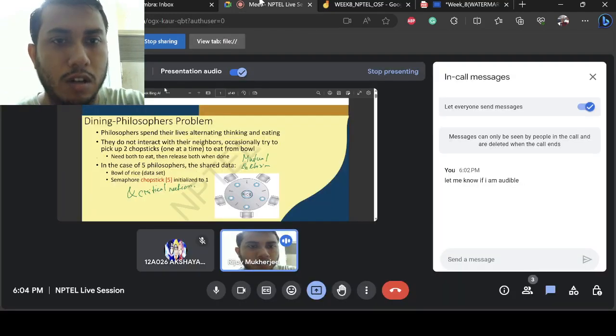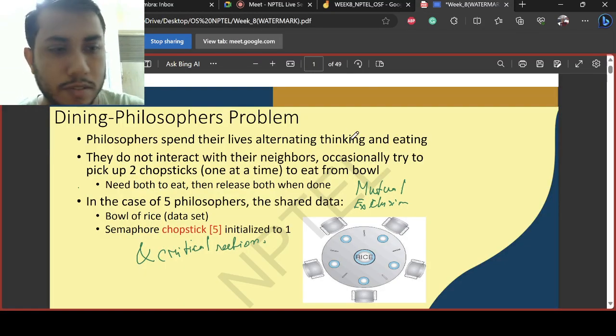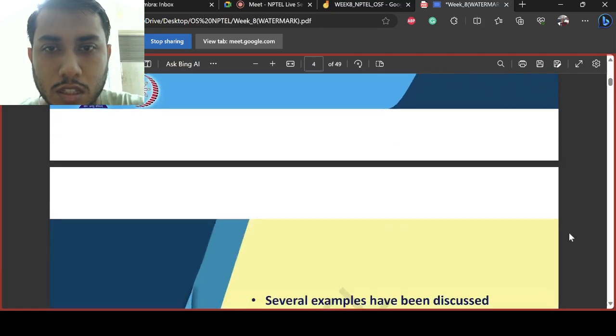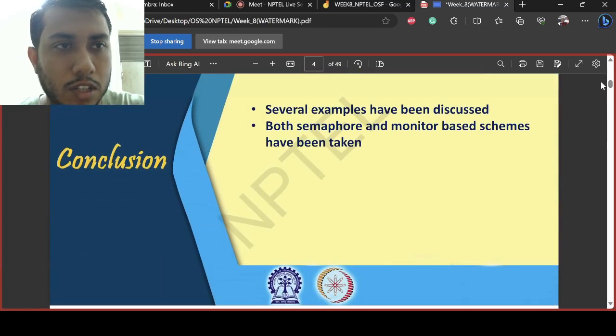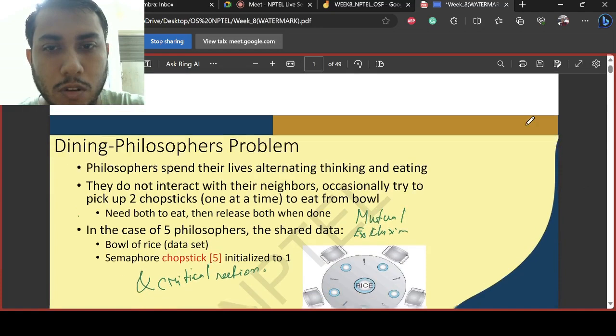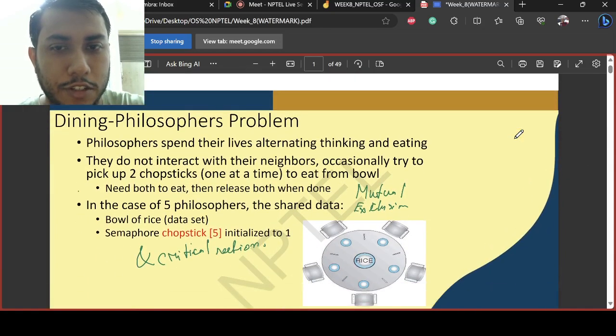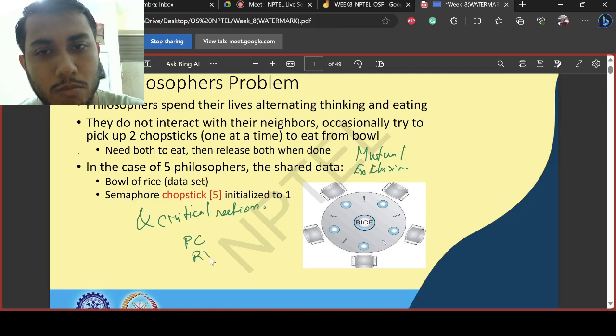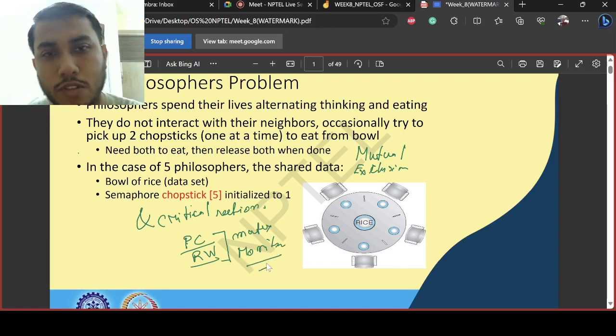We discussed that any synchronization problem should have these conditions satisfied, like mutual exclusion, critical section, etc. We went through topics like the producer consumer problem and the reader writer problem, and we solved them using mutex locks and monitors to solve the synchronization problem.